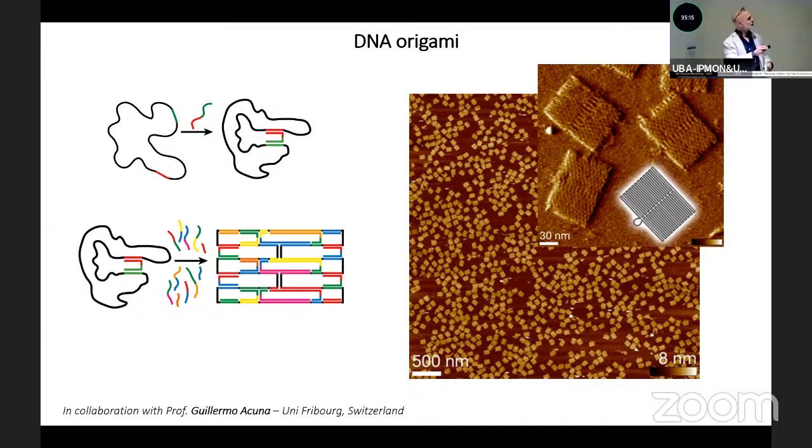So in that way, we can use these small rectangles as nano breadboards, as nano working tables to put fluorophore molecules, proteins, nanoparticles, and build stuff.